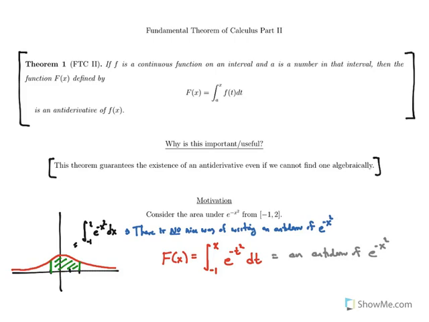Note that the t here is a dummy variable. You could use any variable you want there. It doesn't really mean anything. We just need something different than x in there.